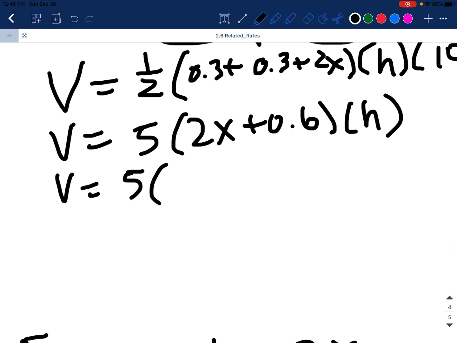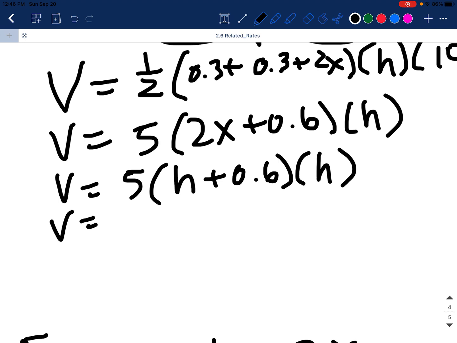So we'll get v is equal to 5. So then 2 times 1/2 h is just going to be h times h. So we'll get 5h squared plus 0.6 times 5, let's see, 6 over 10 times 5, it's going to be 3.